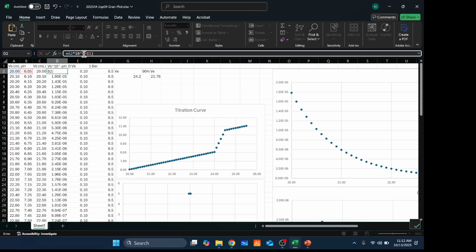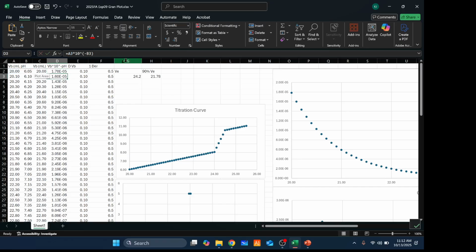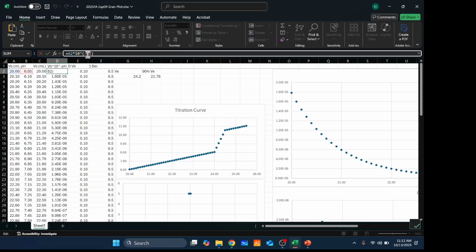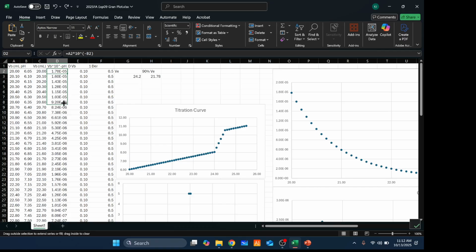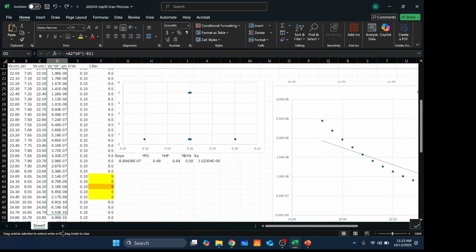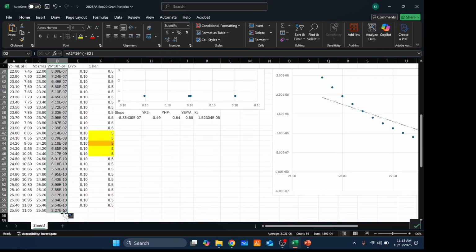Parentheses, negative sign, and then the pH you got. Perfect. By the way, if you mess up on these, it's not such a huge deal because you can always go in. I forgot the negative sign when I first did this. I went, oh, those are big values. And so what you can do then is you can just drag these down and it'll auto-complete that same formula.